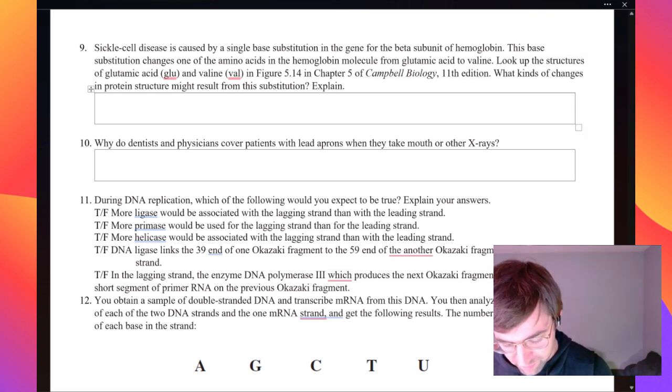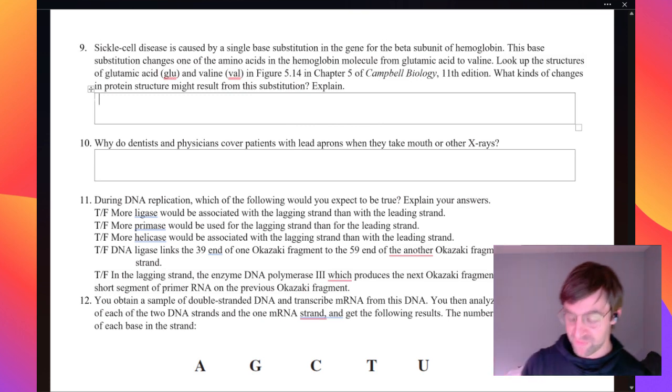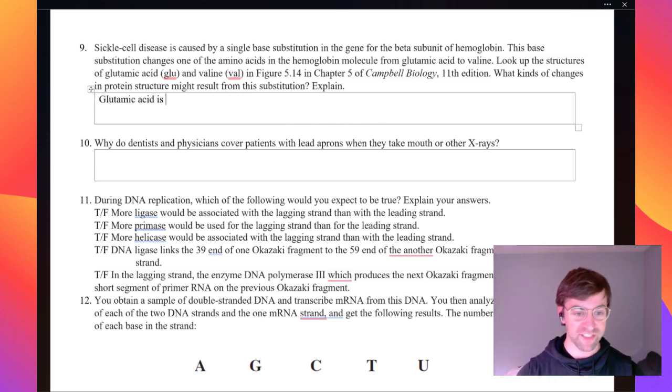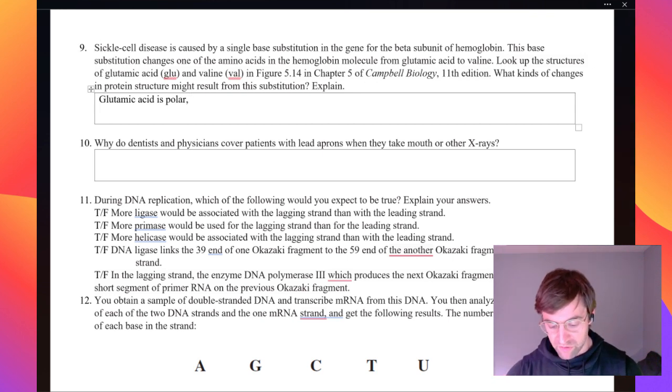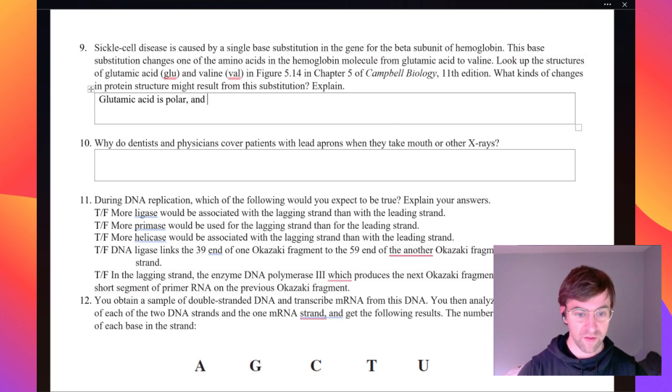So without pulling that up, I'm just going to do my best to explain here. Glutamic acid, as the name suggests, is a polar molecule. And as you get into organic chemistry and biochemistry, you'll be able to visualize these a little bit easier. So glutamic acid is very polar, and valine is nonpolar. Being polar, the glutamic acid molecule would have been able to interact with water and other polar molecules.